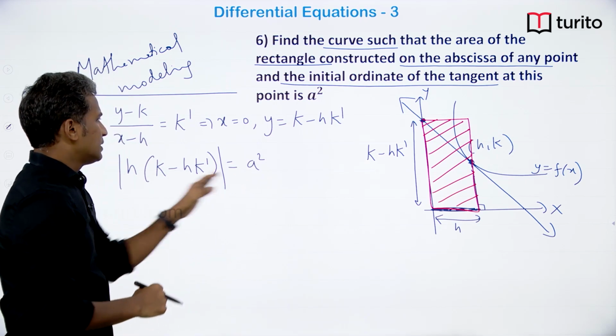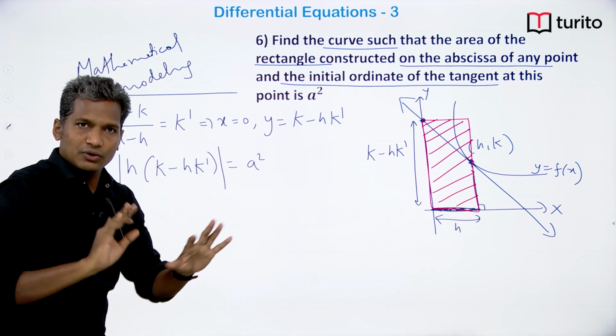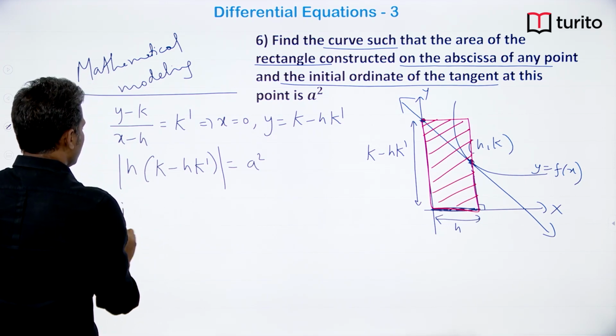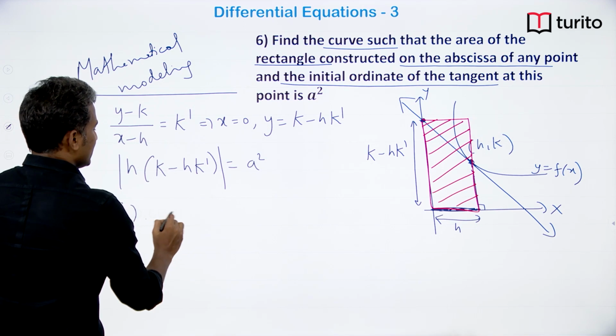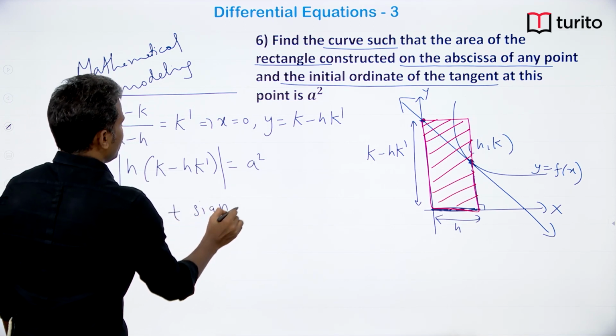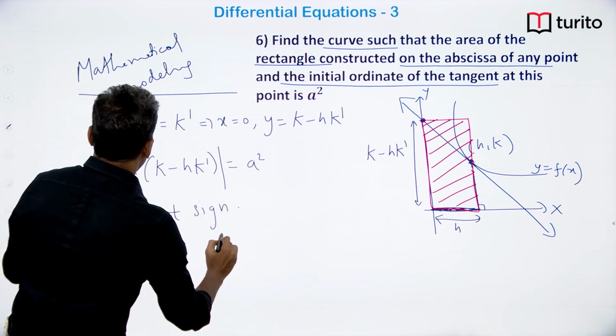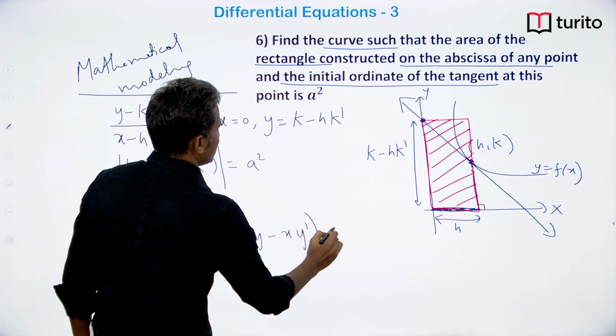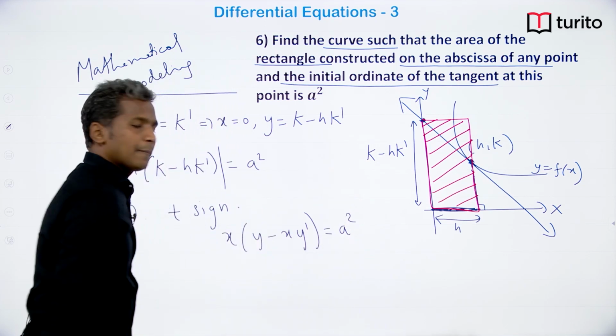Now let us convert this into the standard form and solve it. So I am taking only the plus sign, case 1, where mod is taken as plus sign. So that means we will get x into y minus x y dash is equal to a square.